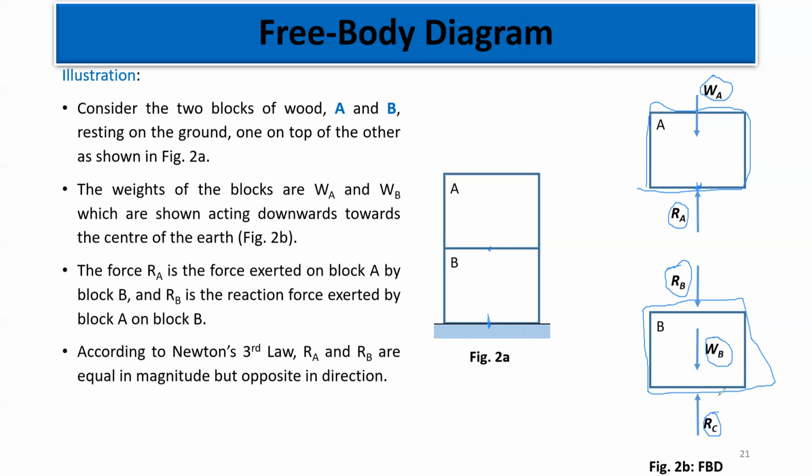Mind you, we said that the direction of all those forces can be assumed, so that if the force we get is negative, then we'll change this direction to move in the opposite direction. You see. So basically, if I isolate the two bodies, these are the free body diagrams that you would obtain.